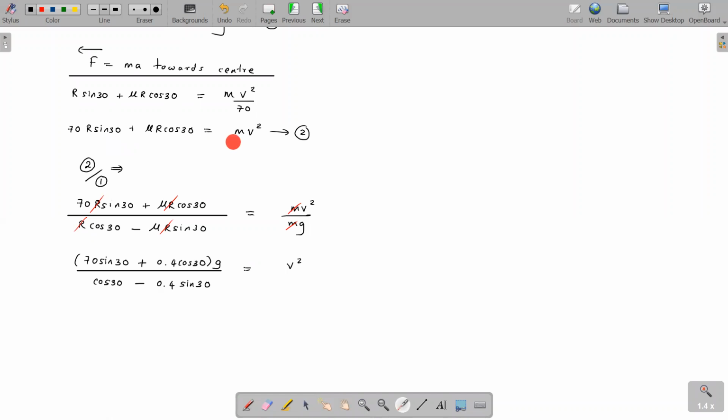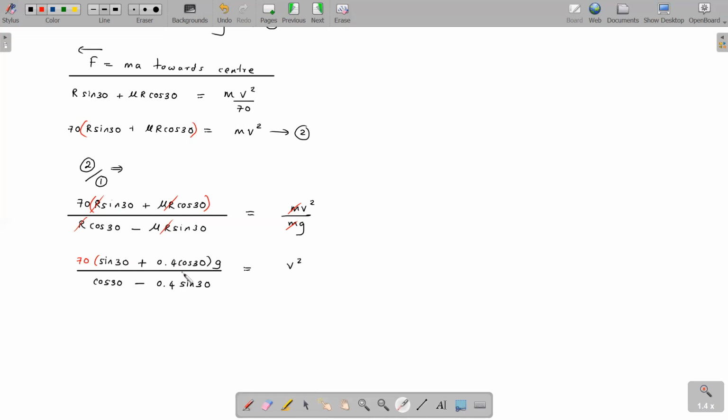I think I made a slight error here. When I took the 70 to the other side, the 70 not only multiplies with R sine 30, but also multiplies with mu R cos 30. This 70 should multiply the whole side. Maybe adding a bracket like this would help. The 70 which I brought up should multiply the whole R sine 30 plus mu R cos 30.